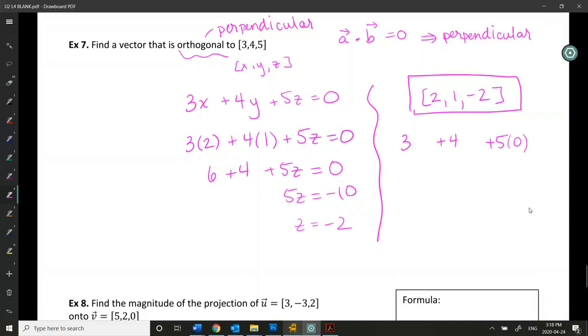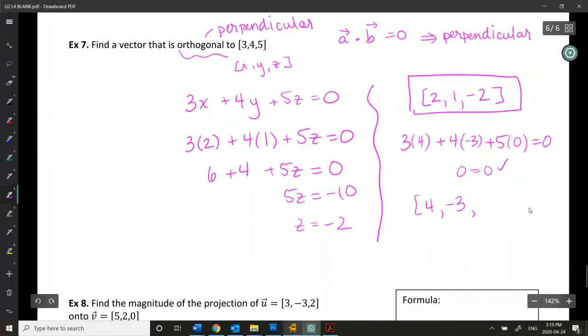But let's say I choose z equal to 0. If I make 3 and 4, two things with multiples that can add to 0, then I'm good to go. So basically, if I just flip them and switch one of the signs, this will work just as well. So you can see that this is 0 equals 0, so this works. So let's take a look.